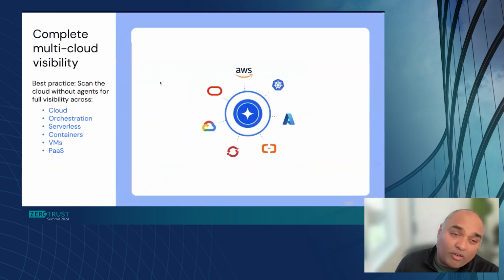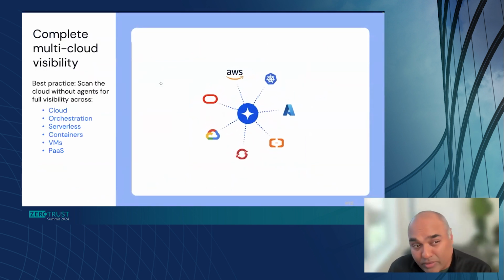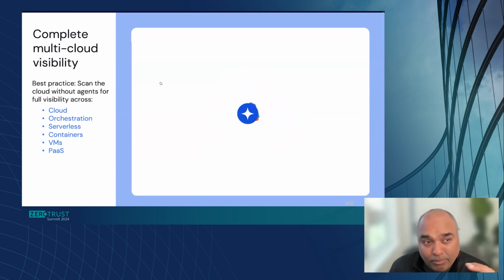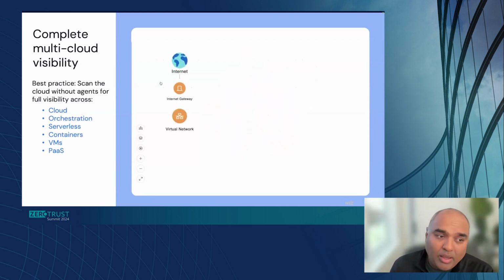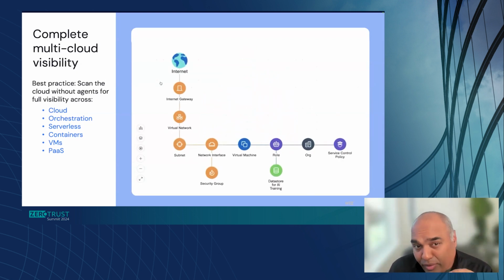Quite often, visibility is the starting point of the journey. You need to really get complete multi-cloud visibility where you can understand every component and resource that's running in the cloud, or every workload that's running in the cloud, as well as the configurational elements of those pieces.